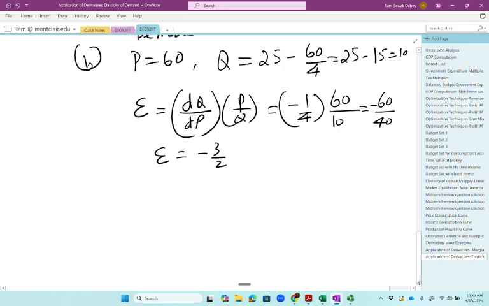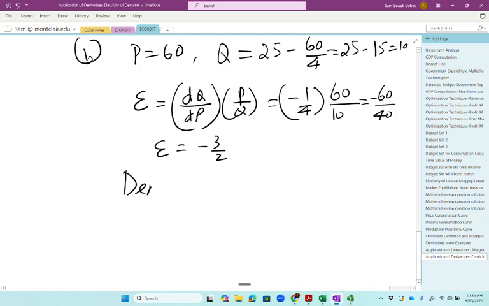We can say demand is elastic at P equal to 60.